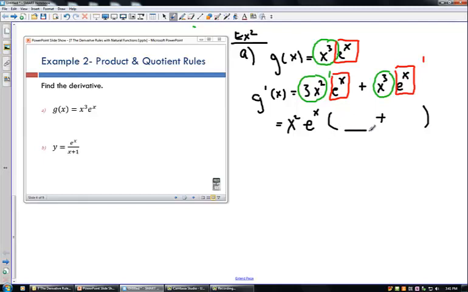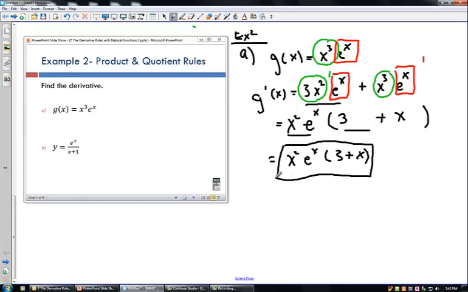And so can you figure out what goes here times this equals that? If you think about it, you're going to need a 3. And then you have the x squared, and you have the e to the x, so that's good. Then over here, you have an x cubed, and you have an x squared here, so you're going to need an extra x. So this is going to equal then x squared e to the x all times 3 plus x.